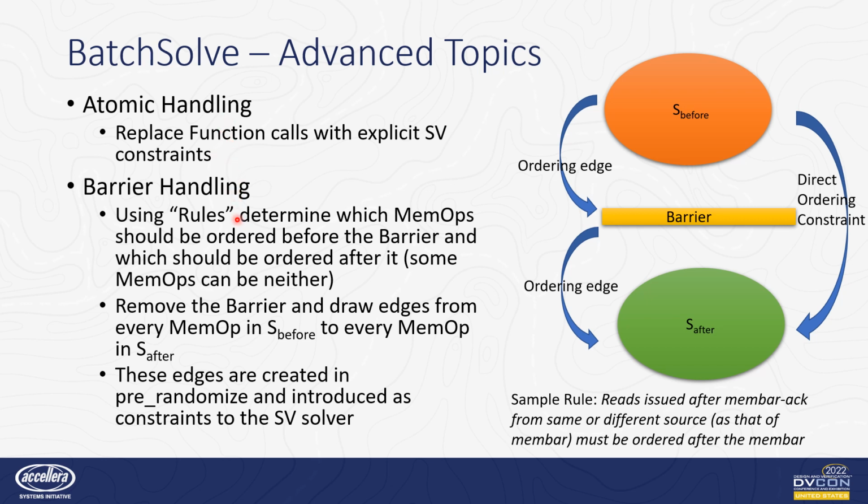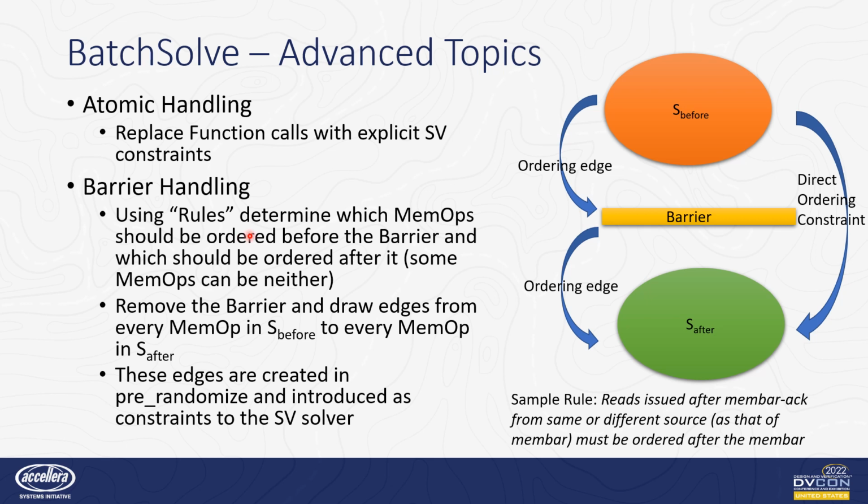The other thing that is particularly tricky is barrier handling in this framework. Although I won't go into all the gory details, I'd like to touch at a high level on how barriers are handled in this framework. So barriers are typically used in producer-consumer thread synchronizations, where it implicitly introduces an ordering constraint between reads and writes coming from different sources.